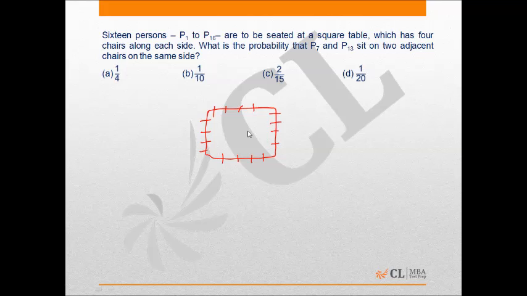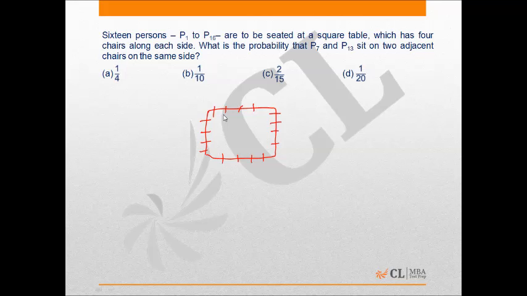So first of all, we have got to compute the total number of ways in which these 16 persons can sit around the given table. For this purpose, we need to fix the position of a person, which can be done in 4 ways because the table has 4 sides.